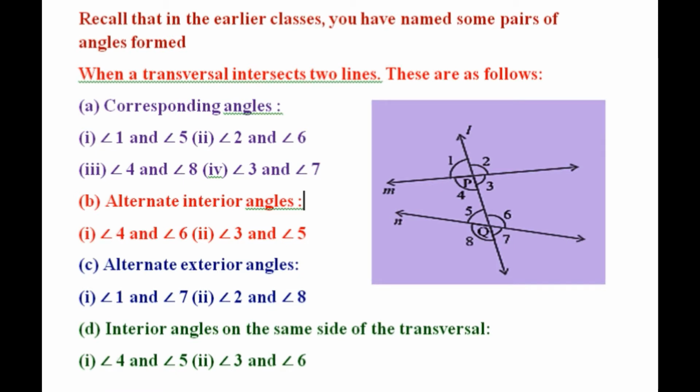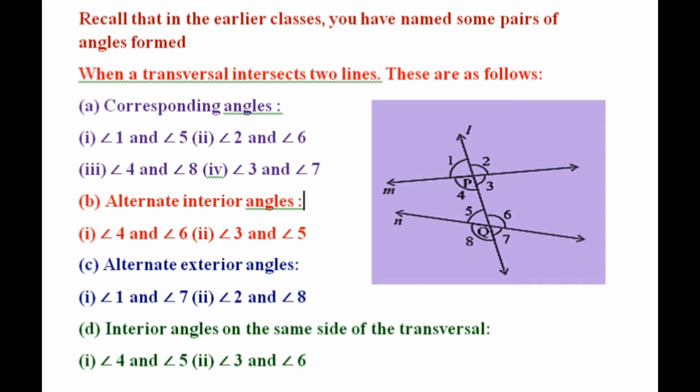Recall that in the earlier classes you have named some pairs of angles formed when a transversal intersects two lines. These are as follows. A. Corresponding angles. In the figure you see how the corresponding angles are. First you see angle 1, angle 5, angle 2, angle 6. Angle 1, angle 5 are on the same side of the transversal, in the same position.